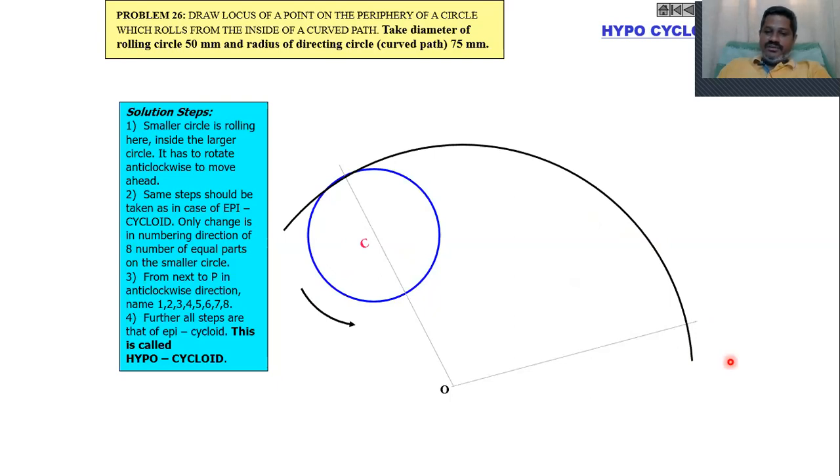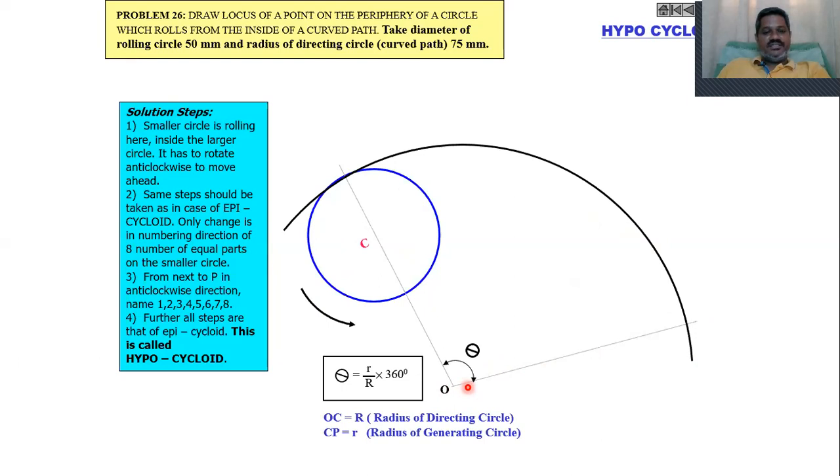Then after calculating the sector angle, close the sector, then with the calculated angle, divide the circle into a convenient equal number of divisions. Say in this case, I'm dividing into 8 equal divisions like this.